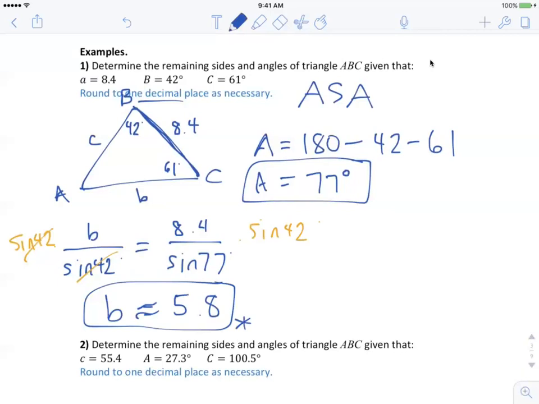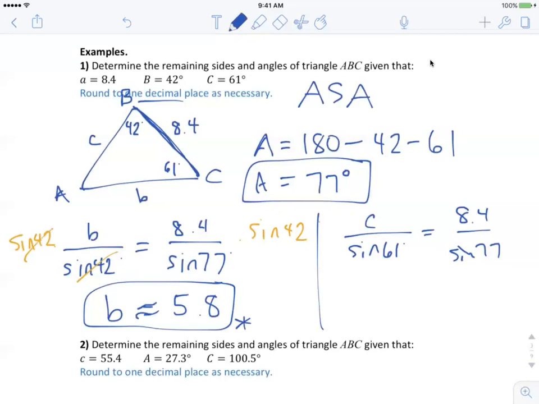So when I go back to my triangle, I'm going to put C over sine C, right, equals, now I have to use that A again, 8.4 over sine 77. Right, so I'm avoiding using the B ratios.